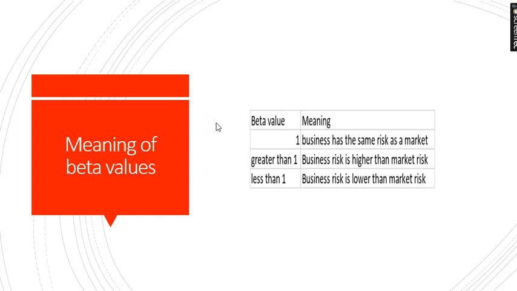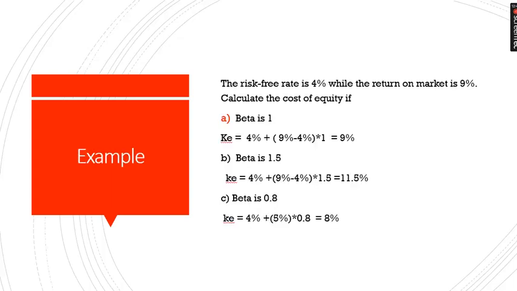So let's demonstrate using this example. The risk-free rate is 4%, while the return on market is 9%. Calculate the cost of equity if A, beta is 1, B, beta is 1.5, and C, beta is 0.8.